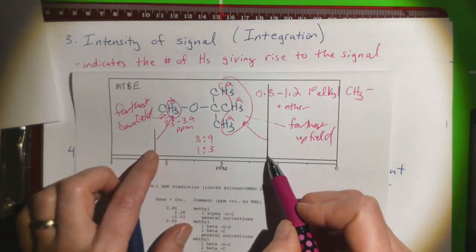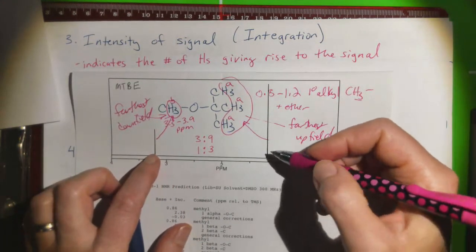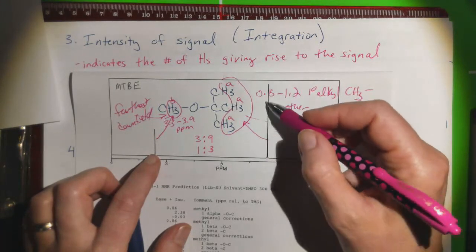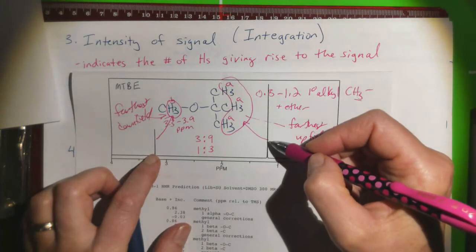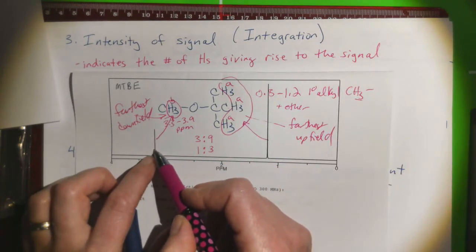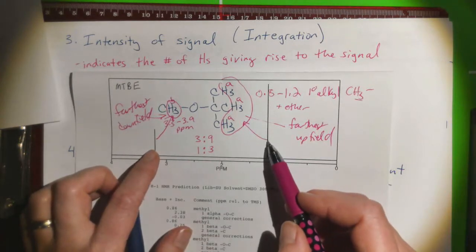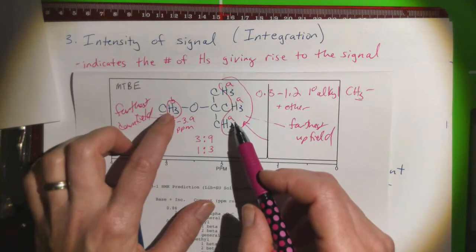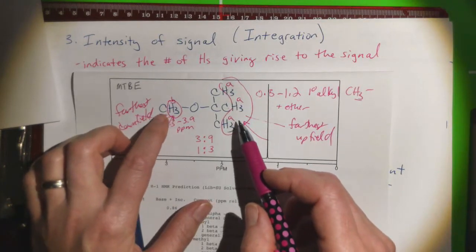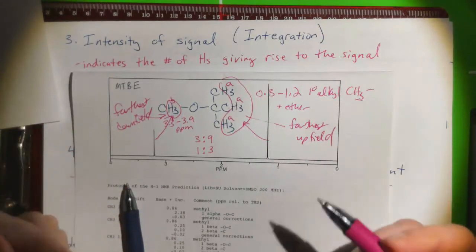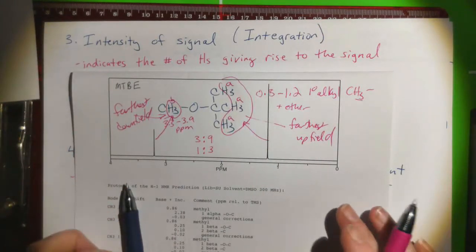Since these are both singlets, and we'll talk about multiplicity soon, the area underneath this signal is 3 times as big as the area underneath this signal. So the area underneath the curve is proportional to the number of protons making up that signal. That's how we can figure out the number of protons that give rise to the signal.